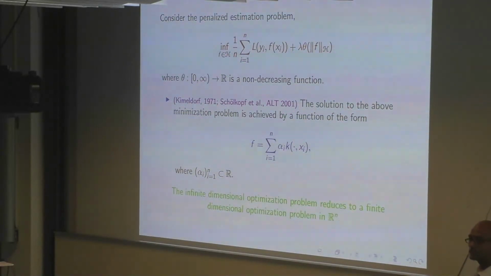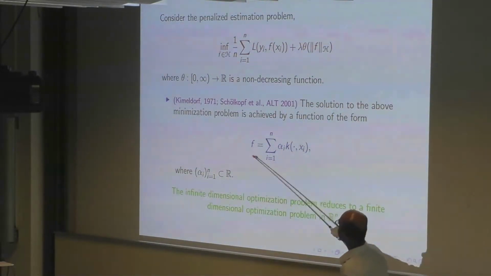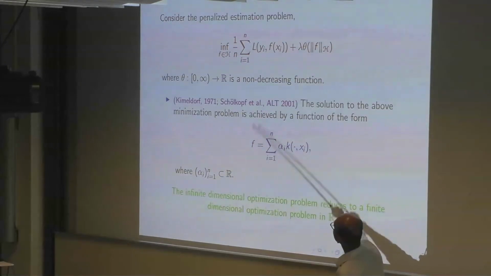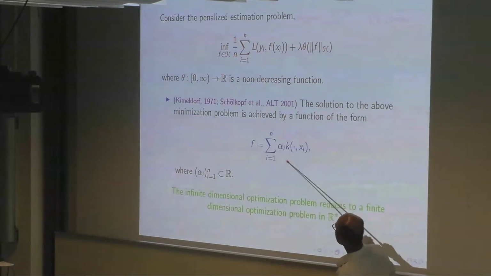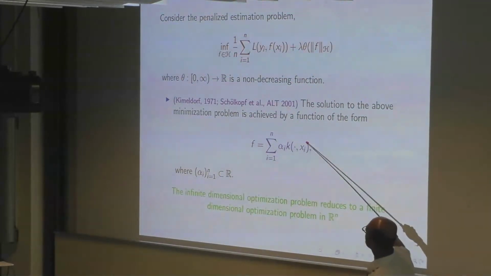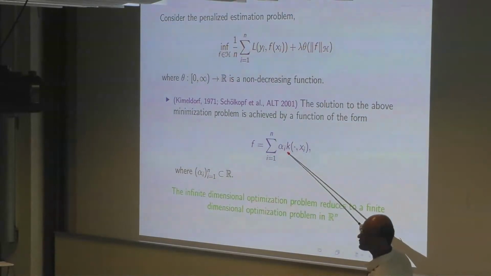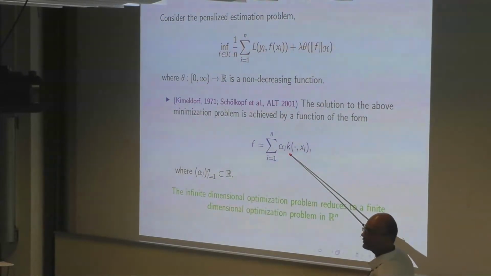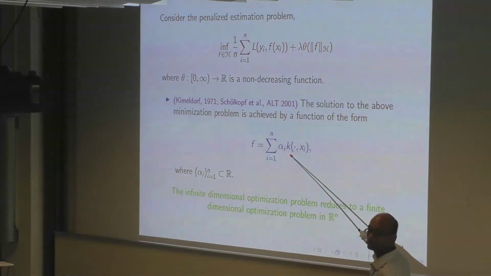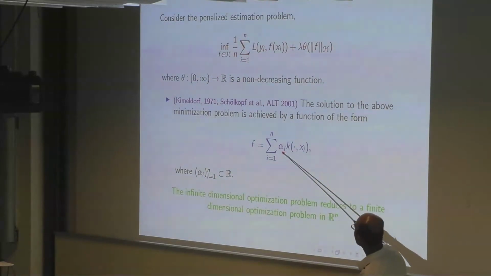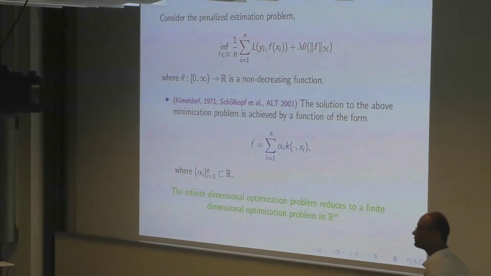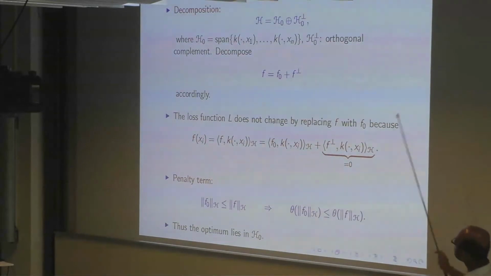This is a really powerful result, but the proof is really trivial. What is the power of this result? All this is saying is, if I have to look for functions in the space, I only look for these types of functions, and therefore the problem reduces from solving an infinite dimensional problem to a finite dimensional problem, because now I only have to look for n parameters. The proof is really trivial.